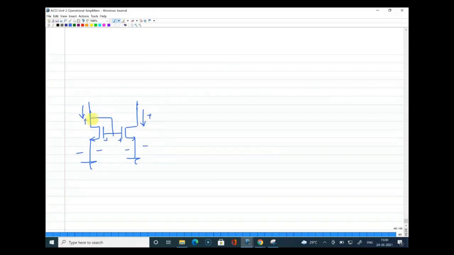Only when VGS and VDS are equal will you have the same current. Otherwise, the output current will be slightly different from the input current. Is that point clear? So for the transistors to carry equal drain current, VGS and VDS should be equal. Do you have a question?